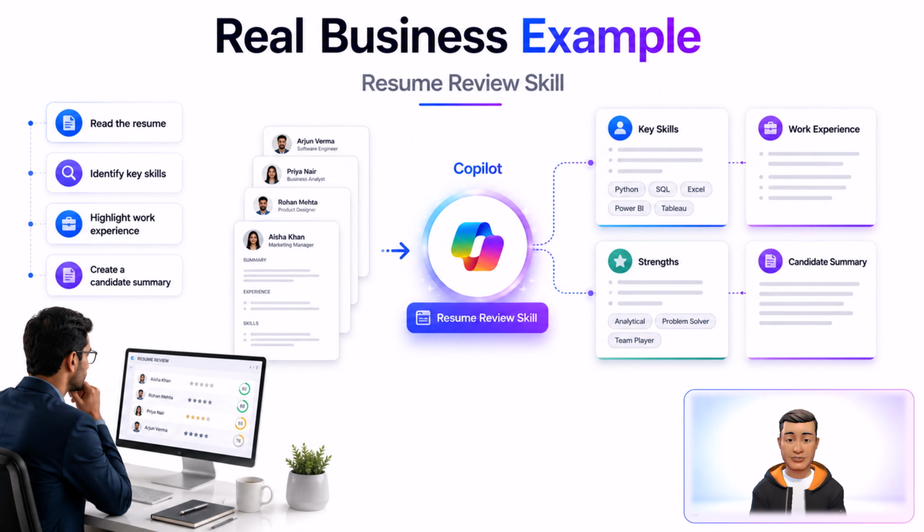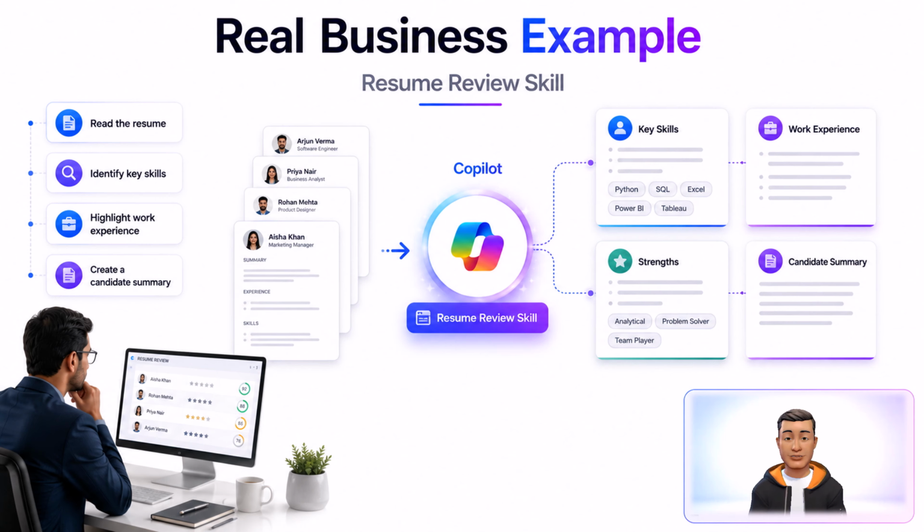Instead, you create a skill called resume review. Inside that skill, you define the instructions just once. Now, whenever a new resume is uploaded, you simply ask Copilot to use the resume review skill. Copilot automatically analyzes the resume, highlights the important skills and experience, and creates a clear summary using the same process every time. This is exactly why skills are so powerful.